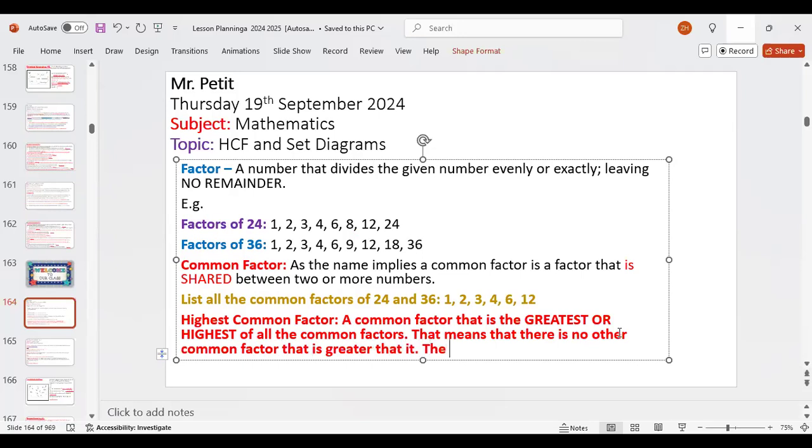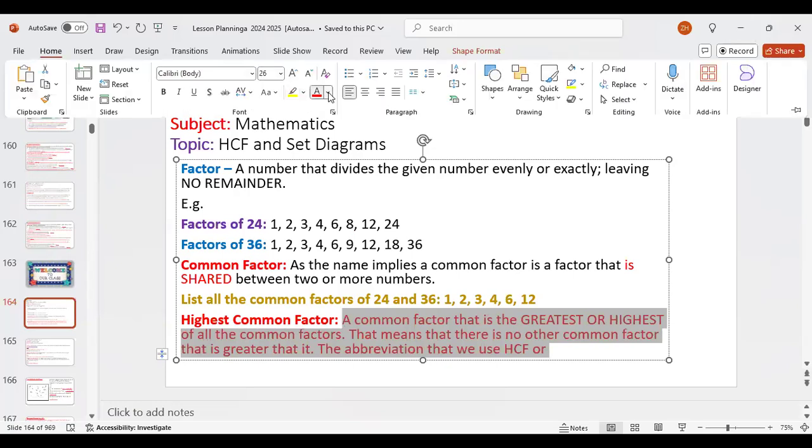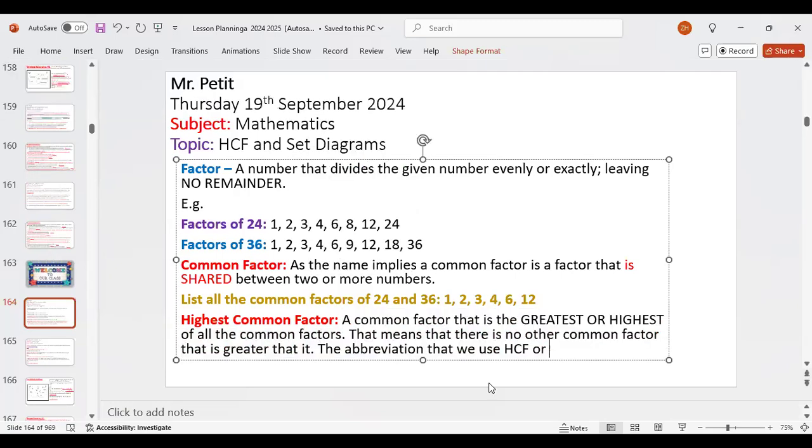The abbreviation that we use is what? HCF, or what's the other abbreviation? Lowest common factor?